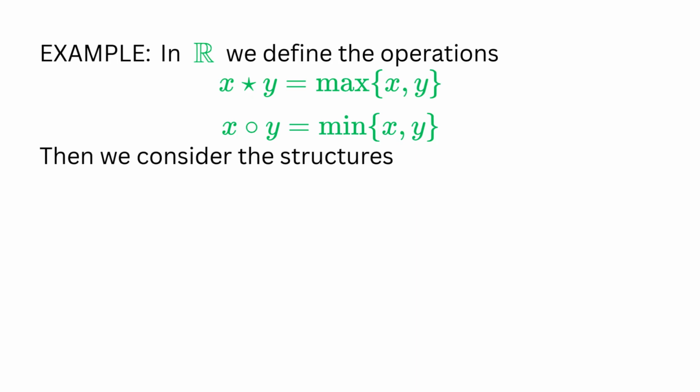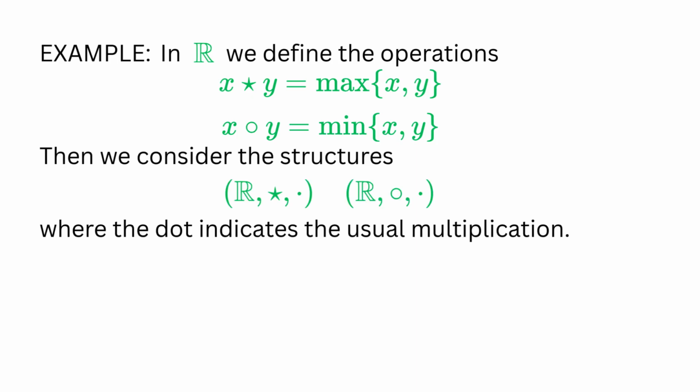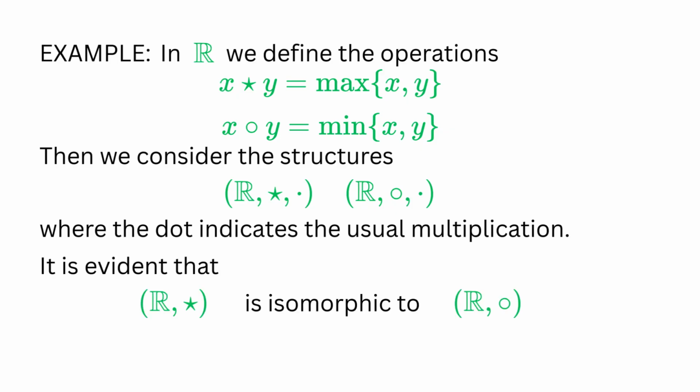Then we consider the following two structures: (R, star) and (R, circle) endowed with multiplication of numbers. It is evident that (R, star) is isomorphic to (R, circle), of course, and are endowed with multiplication is automorphic.